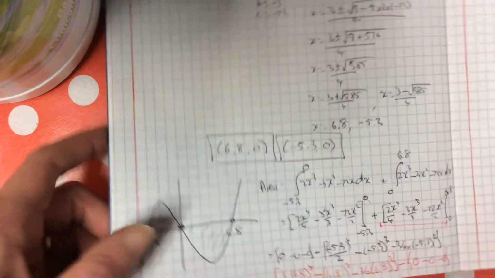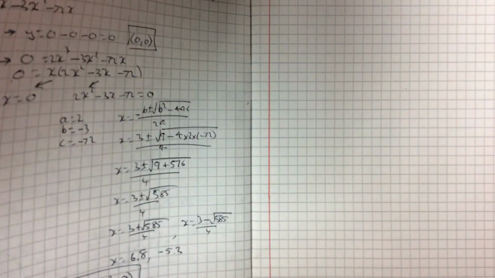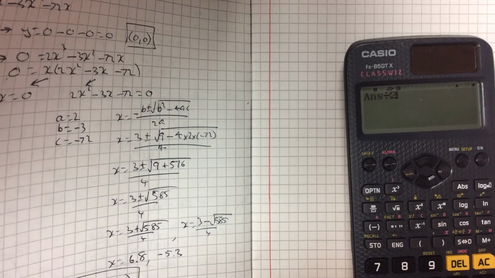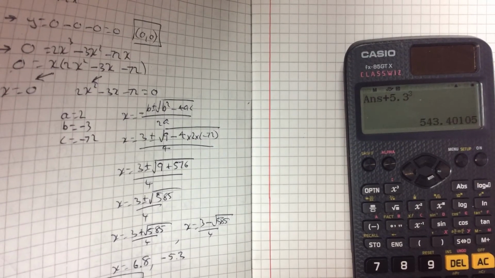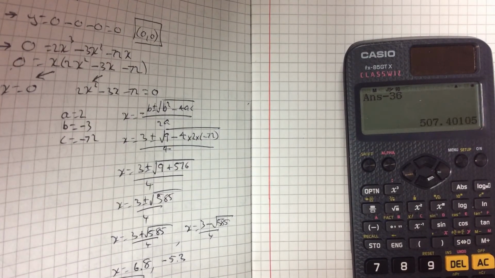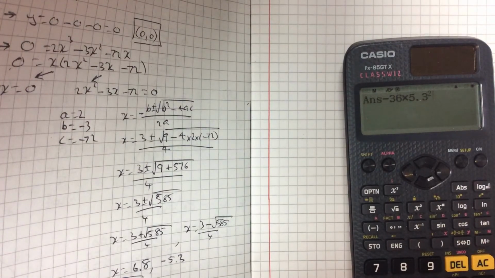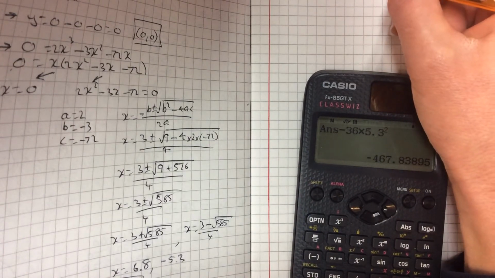Very, very fiddly this, so it is. So the first bracket is a 0. Take away. Now hopefully we get the same answers for this. So 5.3 to the power of 4 divided by 2. The minus cubed is a minus, then a minus in front of that gives you a positive altogether. So it's plus 5.3 cubed minus 36 times 5.3 squared gives me minus 467.8.